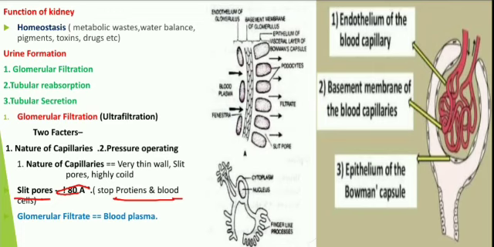Because of that, when the nephric filtrate is formed in glomerular filtration, it does not contain any proteins or blood cells. Once the filtrate is formed, its composition is similar to blood plasma, and this is glomerular filtration.